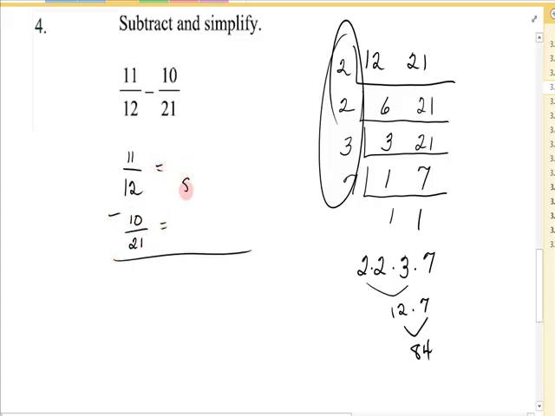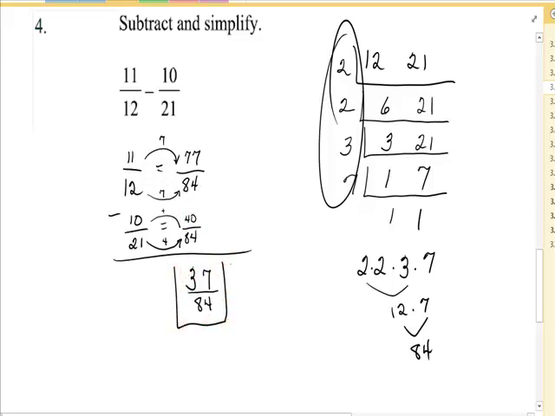The common denominator is 84. 12 goes into 84 7 times, and 7 times 11 is 77. 21 goes into 84 4 times, and 4 times 10 is 40. Remember that we're subtracting. Keep the denominator of 84. 77 minus 40. Well, 7 minus 0 is 7, and 7 minus 4 is 3. I get 37 over 84.